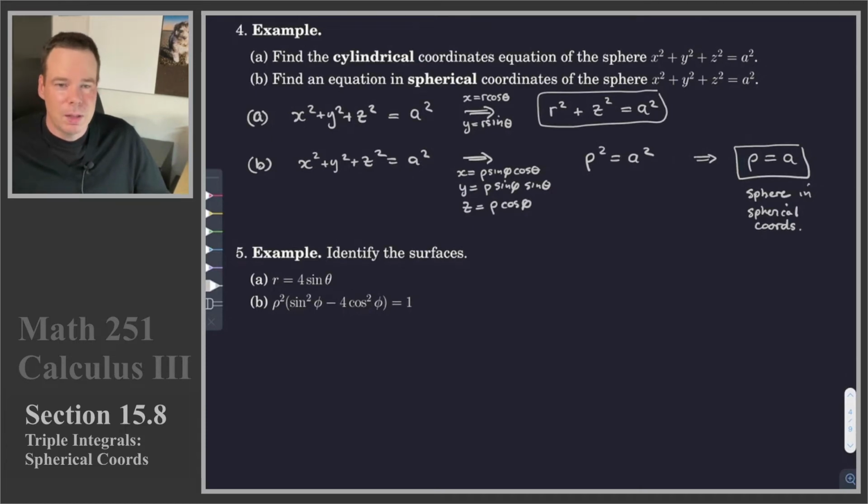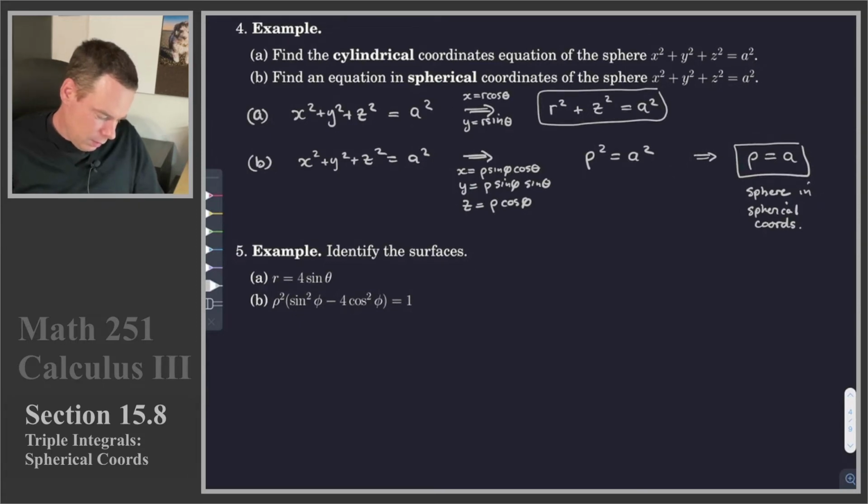If we're trying to make them into rectangular boxes, that is, our variable between two constants, we have to identify what kind of objects are made by taking our variable and setting it equal to a constant. And in this case, with spherical coordinates, setting rho equal to a constant makes a sphere. So spheres are very natural objects to describe in spherical coordinates. That's really why we're calling this spherical coordinates, because they are one of the most natural objects to describe using these coordinates. So let's look at the next example.